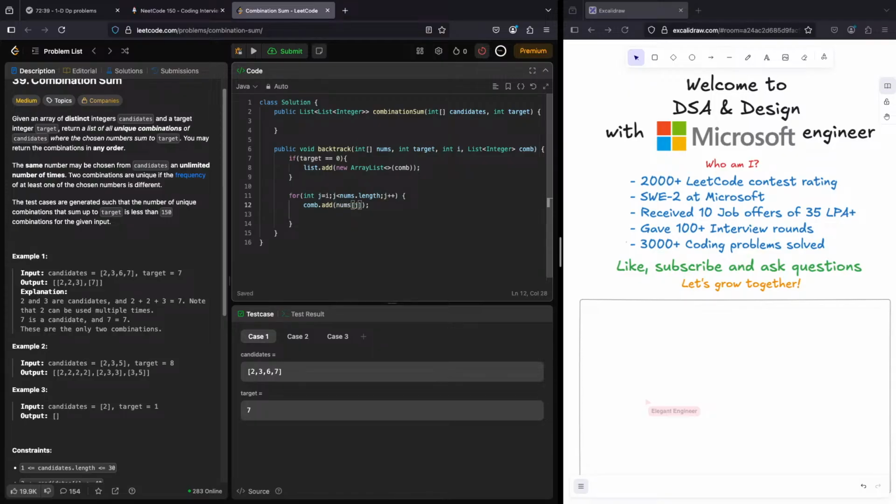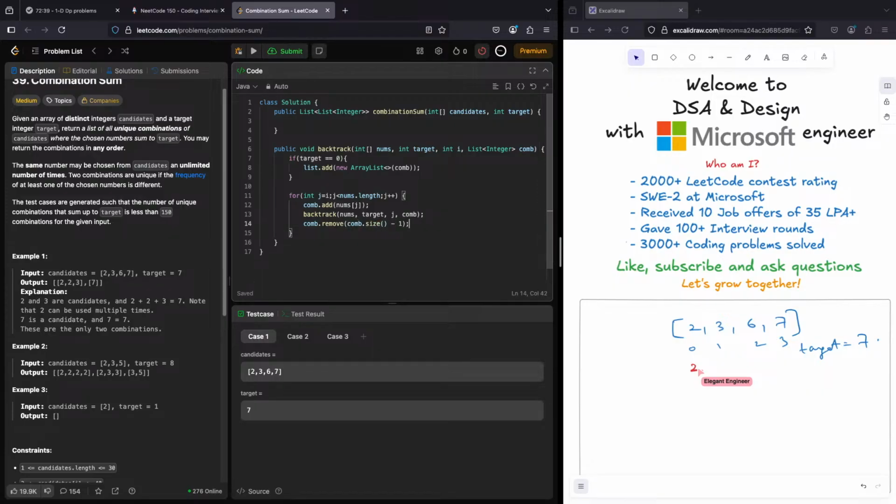So here, with 2, 3, 6, 7 and target equal to 7, you pick this 2, and then you can pick that 2 again. So basically backtrack(nums, target, pick this again, j), and then com.remove(com.size() - 1).